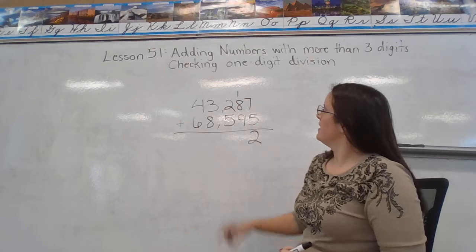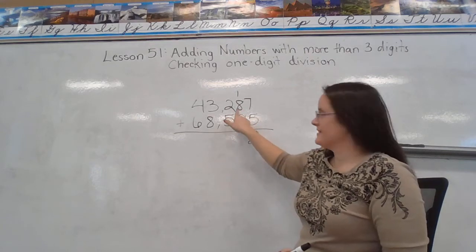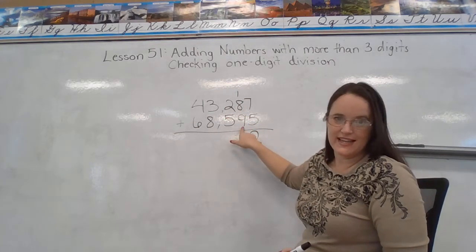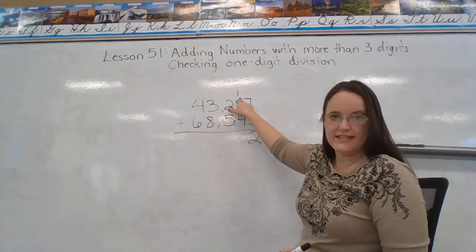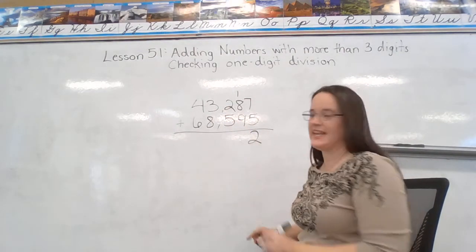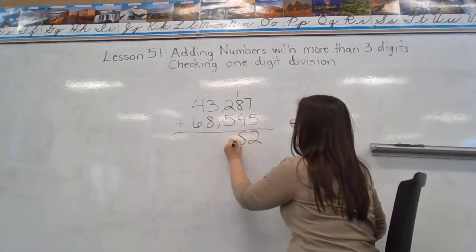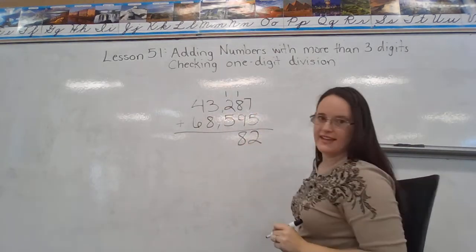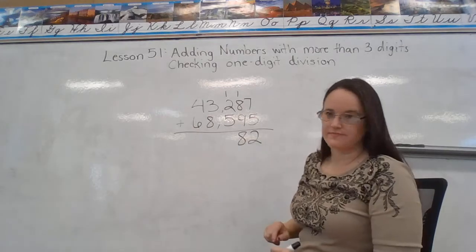Carry my 10. What is 8 tens plus 9 tens plus 1 ten? Well, I'm going to make a 10 first. 9 and 1 is 10, plus 8 is 18 tens, and I carry the 100.